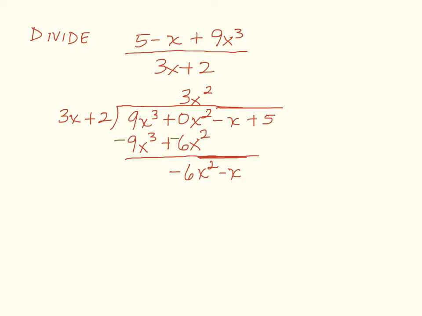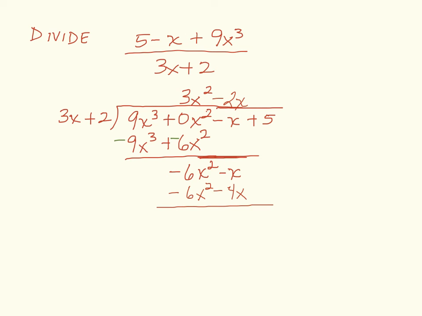3x goes into negative 6x squared, negative 2x times. Okay? So I'm going to multiply negative 2x times 2. I get a negative 4x. Negative 2x times 3x is negative 6x squared.